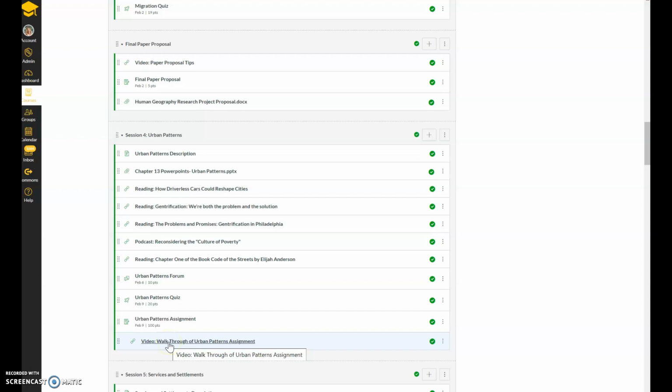Okay, so this week in urban patterns, we're going to cover gentrification. We're going to cover the models, so the sector model, the multinuclear model, and the peripheral model. So we're going to cover these different models of how cities were set up. Now, believe it or not, cities were set up that way for specific reasons, and most of the time it was to segregate different sectors.